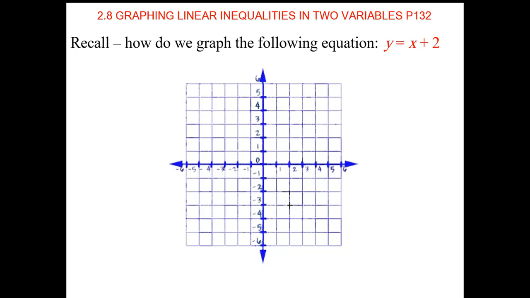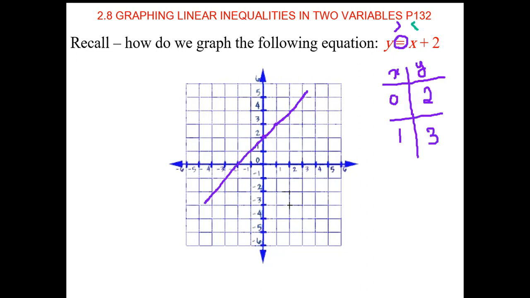All we need to do as an extra step is shade the part. I will explain how to shade in the coming parts. I will wait a little bit to be sure that you see the writing and how I draw the line. So for x equals 0, I have y equals 2. If I replace x by 1, y is 3. I will plot the points and draw the line.